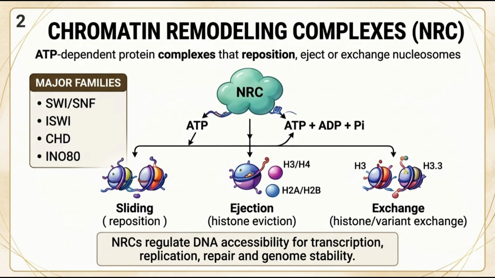SWI-SNF complexes are especially important because mutations in their subunits are associated with many cancers. Chromatin remodelers can slide nucleosomes along DNA, remove histones completely or replace histone variants. Through these mechanisms, remodelers regulate DNA accessibility for transcription, replication and DNA repair.